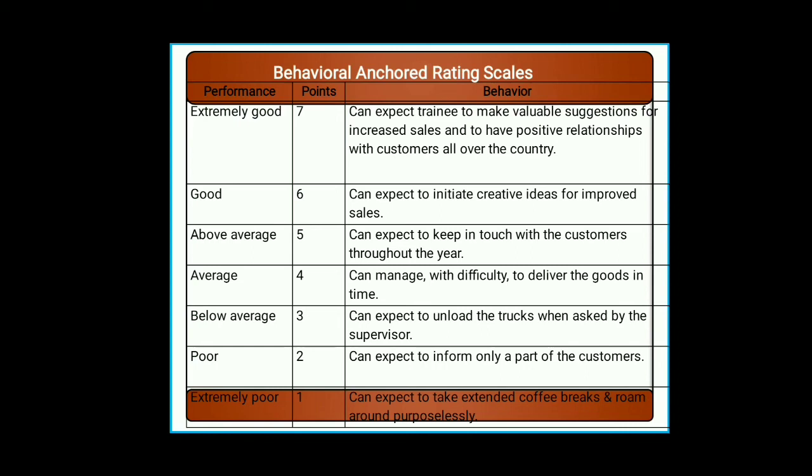Identify performance dimensions means the people assigned to the task of developing the instrument cluster the incidents into a small set of key performance dimensions, and then reclassification of the incidents, then assigning scale values to the incidents. This is the BARS, behavior anchored rating scale.